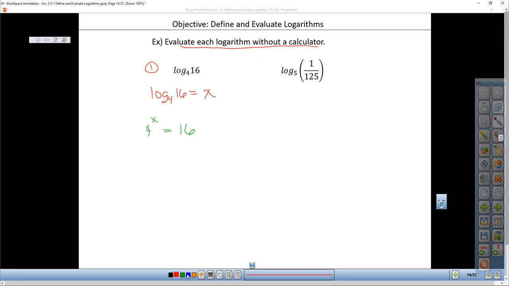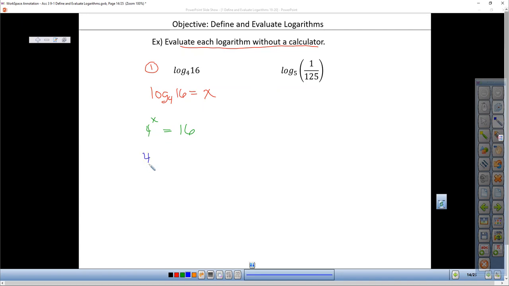So now we use basically our number sense and our knowledge of powers to rewrite each of these as a power of the same base. Here we have a couple of options. 16 is a power of 4, so that's what I would do, but 4 and 16 are also powers of 2. So it would be okay to rewrite them as powers of 2 also. But it's a little simpler just to use the power of 4, since the first one already is a power of 4.